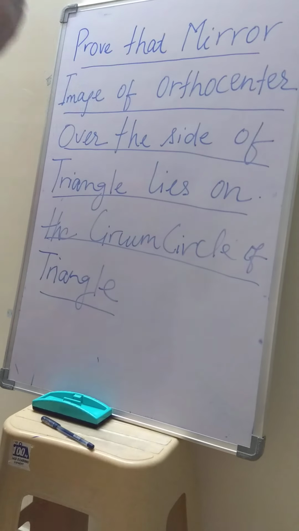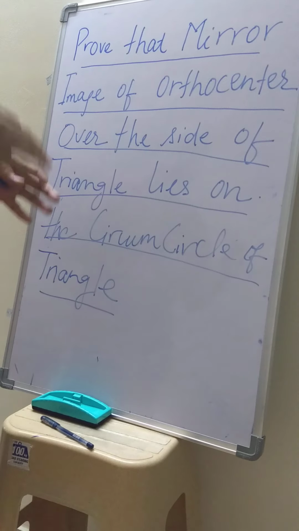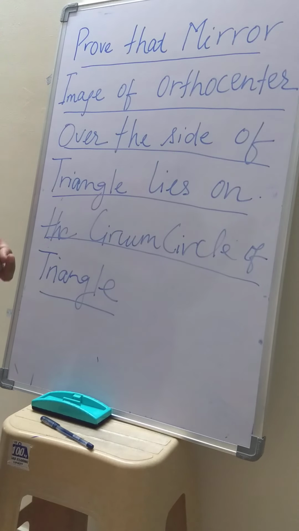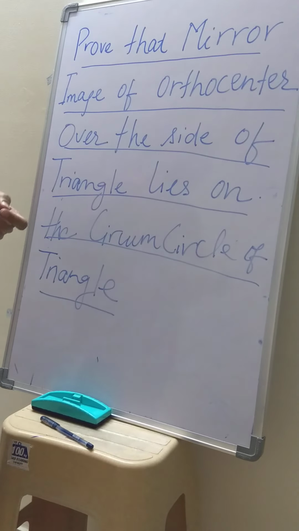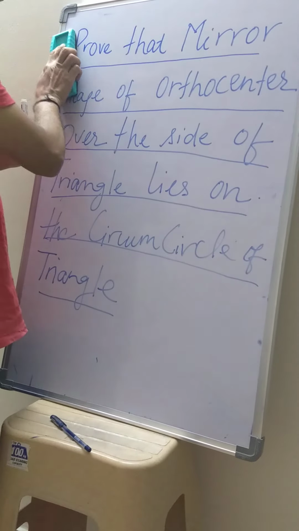The orthocenter of a triangle, if you take its mirror image over the side of the triangle, then that point which is the mirror image lies on the circumcircle of the triangle. And what is circumcircle? Circumcircle is the circle that passes through all the three vertices of the triangle. So let me explain this in a diagram and you will get it.